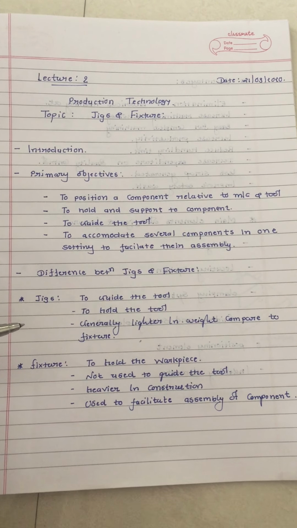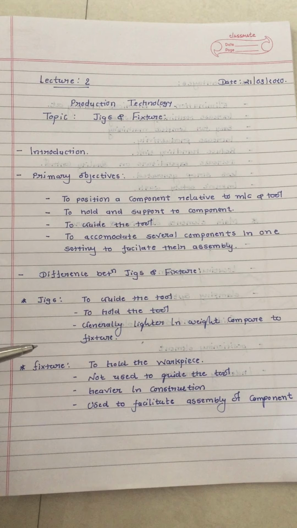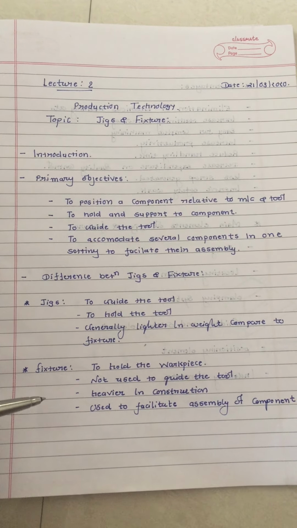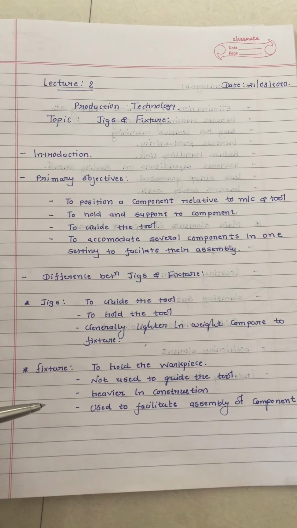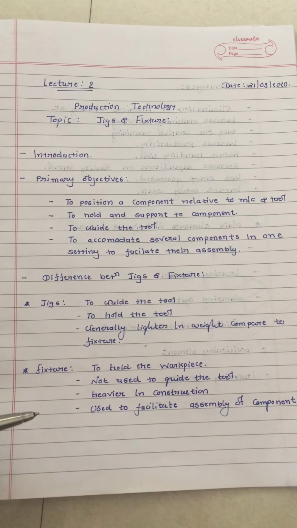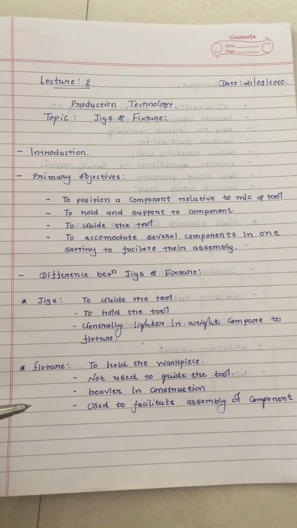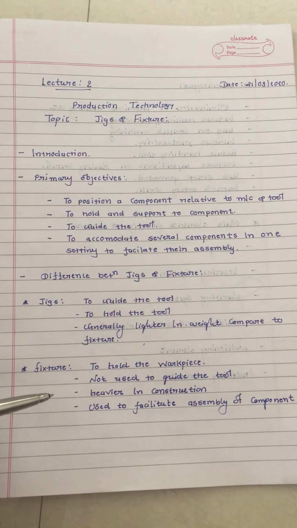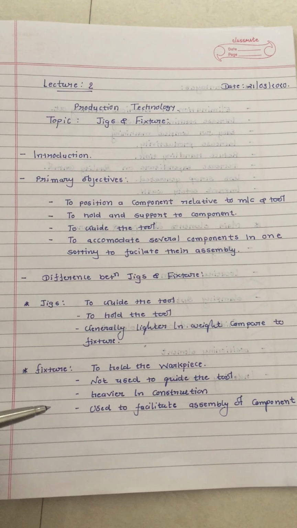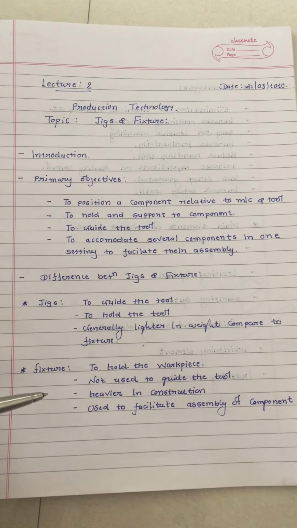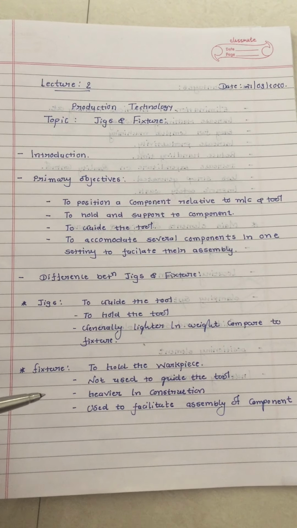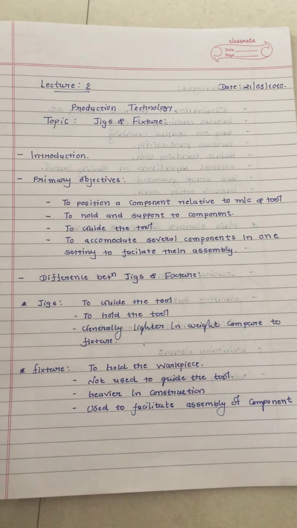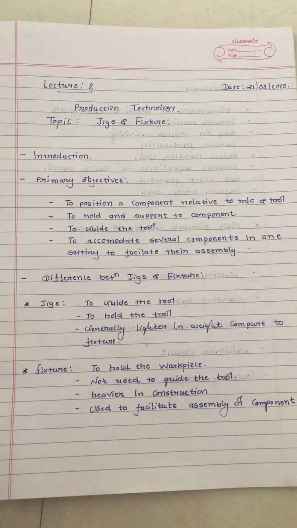Another drawback of the fixture is that they are heavier in construction, which makes them very difficult to handle during the operation. One of the advantages is that fixtures are sometimes used to facilitate the assembly of components. So these are the basic differences between the jigs and fixtures, right?